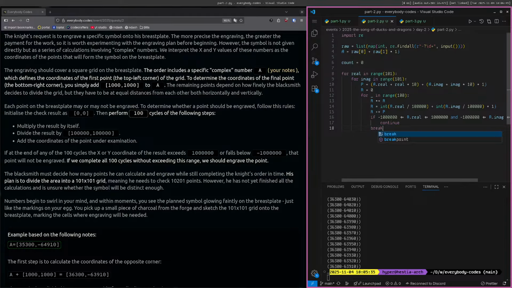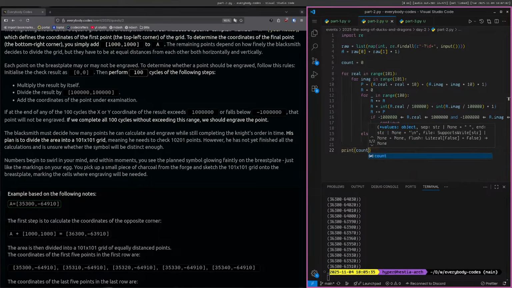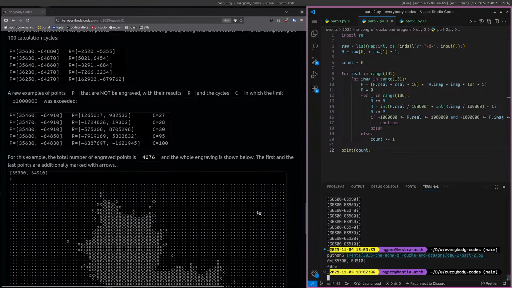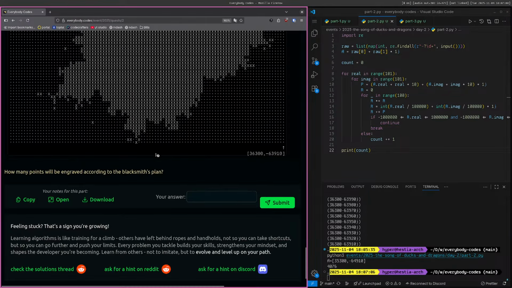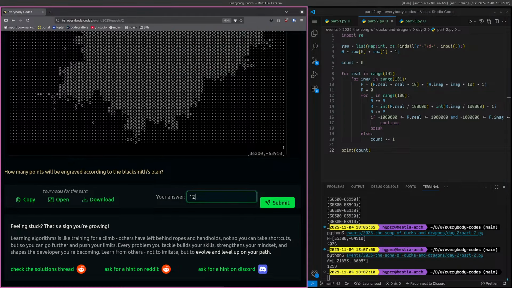Otherwise, if we fall out of this range, then we break. And if we didn't break, then that means we went through all 100 cycles without exceeding the range, so we do count plus equals 1. And then theoretically, this should give us a value of 4076. And this gives us our answer of 1259.